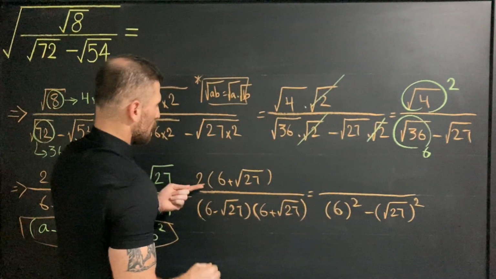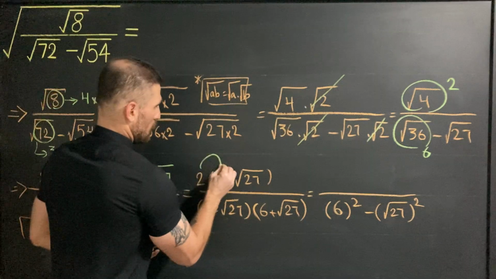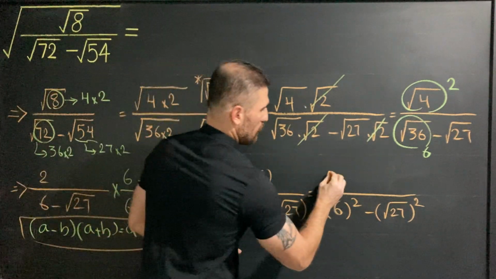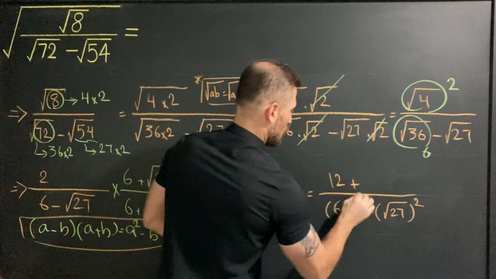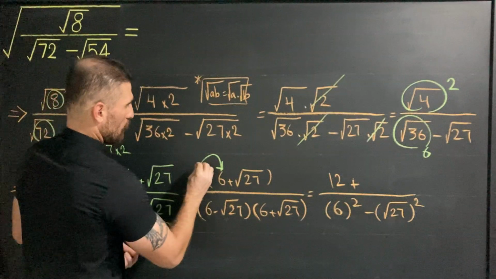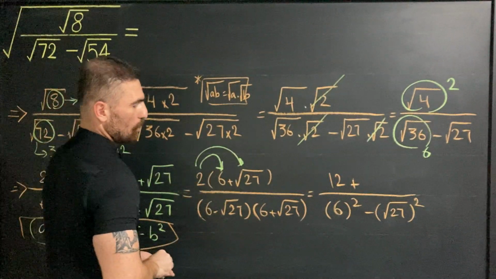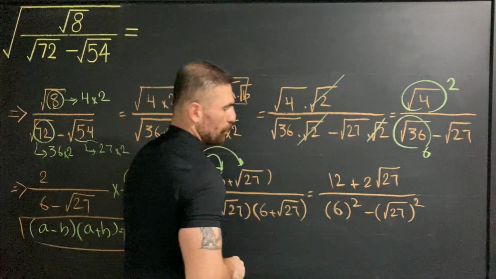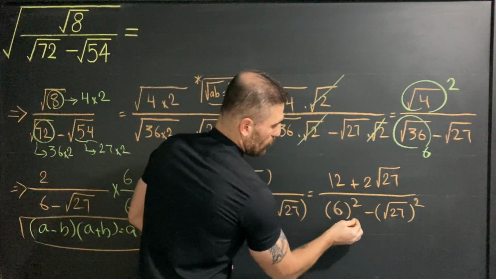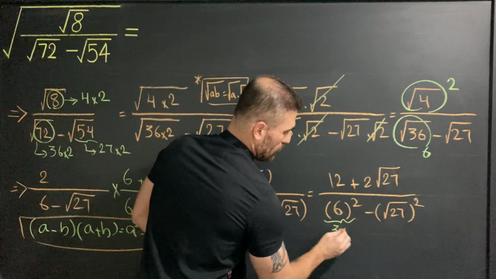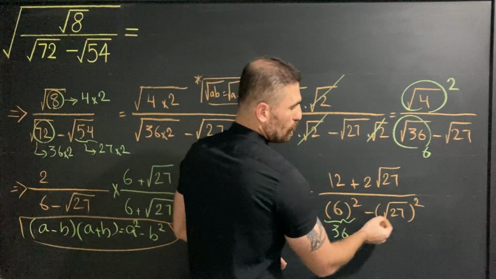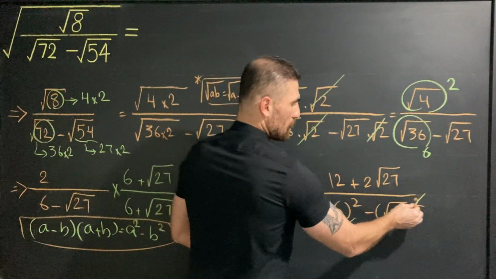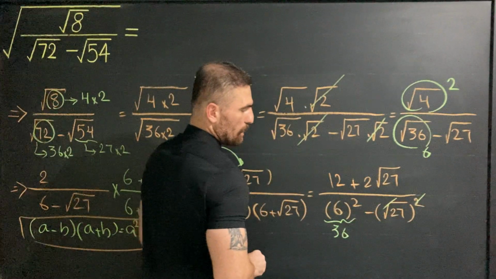On top we have 2 times 6, which means 12, plus 2 times second root of 27. Now, 6 to the power of 2 is going to be 36. Second root of 27 to the power of 2, these two as exponent, these two as root can be cancelled off.